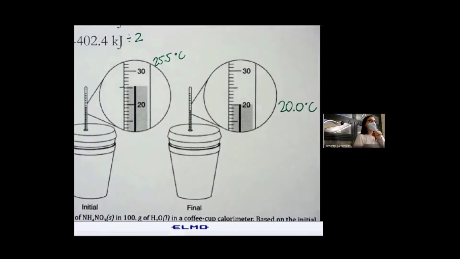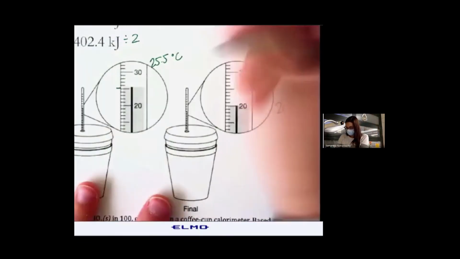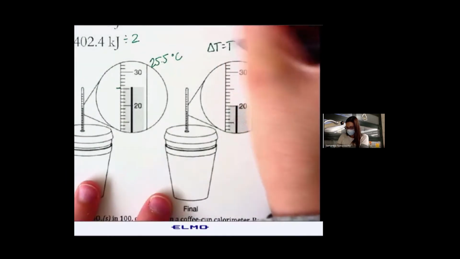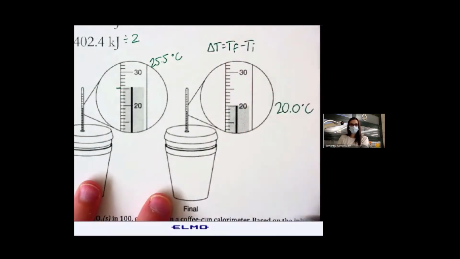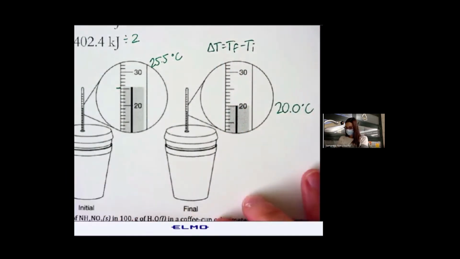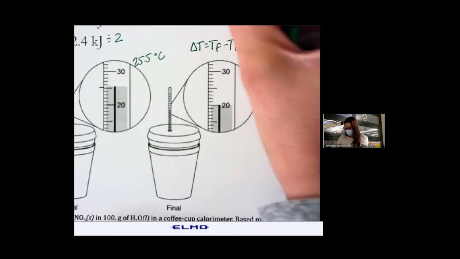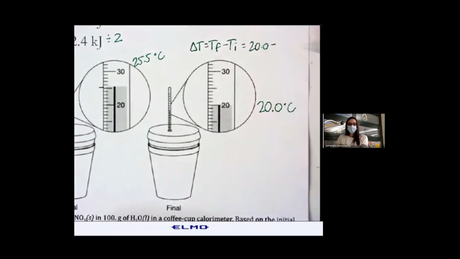Now is where it gets into calculating delta T and remembering what we do with sig figs in math scenarios. Nothing changes about delta T. Delta T is still final minus initial. So final is 20.0. Initial is 25.5.